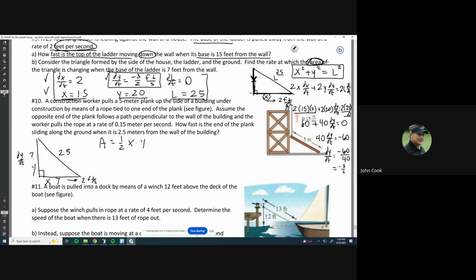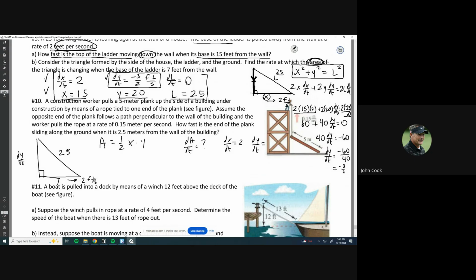So I'm going to need these values: dA/dt, dx/dt, and then dy/dt. I know that dx/dt is 2 still. I don't know dy/dt. I'm looking for how much the area is changing, so I'm going to find dA/dt. It's also helpful to know a specific moment, when x is equal to 7.